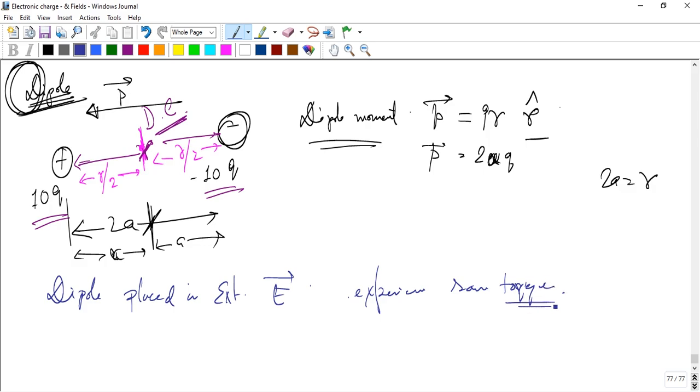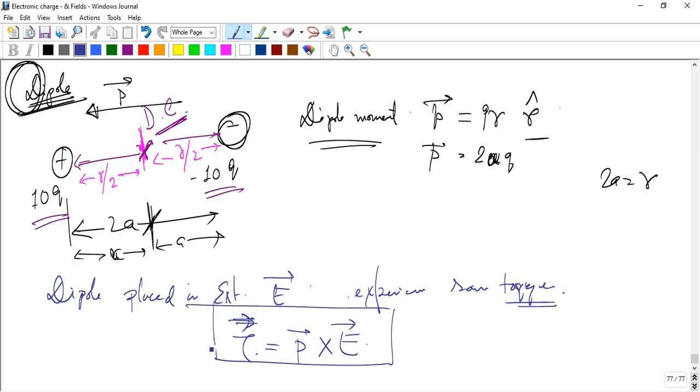The rotating vector, tau, the external torque on the dipole, is equal to P cross E. We derived that equation in the previous lecture, so please refer to the previous lecture. That is a summary class. P represents the dipole moment, E is the external electric field, and tau is the torque. If a dipole is placed in an external electric field, it experiences some torque, and the torque tau equals P cross E.